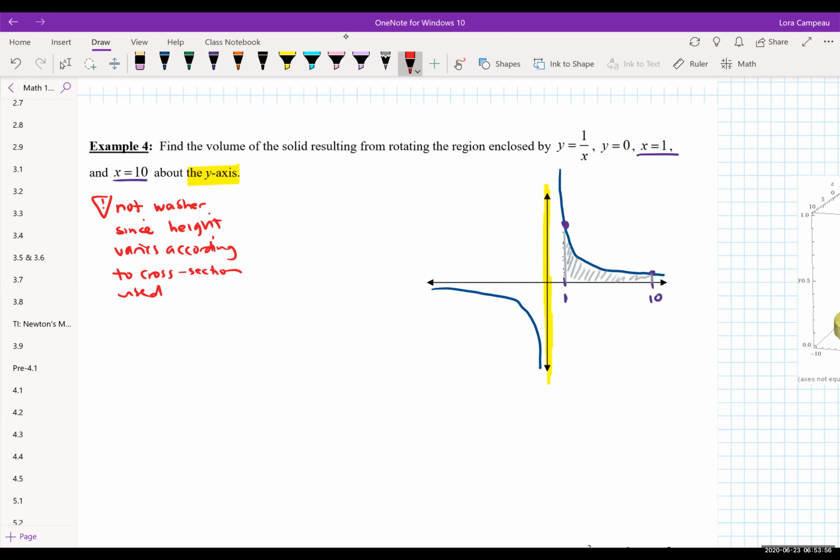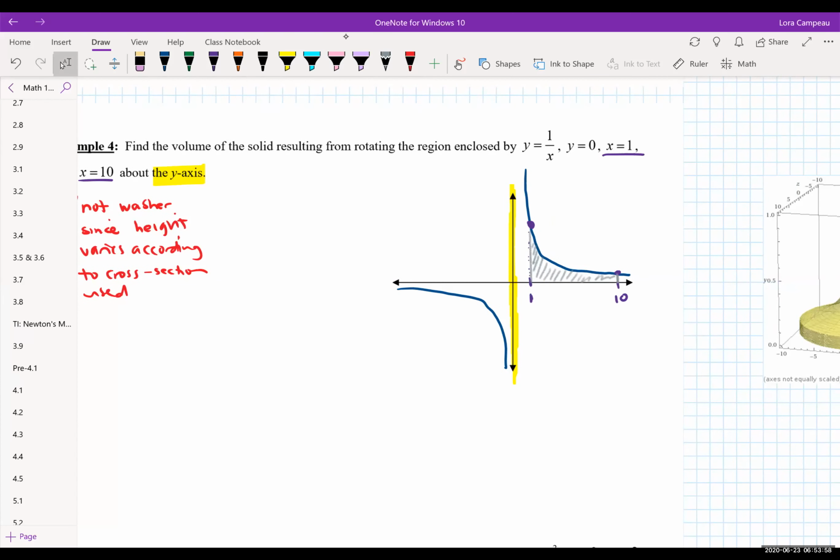That gives me the idea of shell. When you're dealing with shells, we're going to use cross-sections parallel to the y-axis, so we're slicing up the x-axis. That's why we are using delta x.